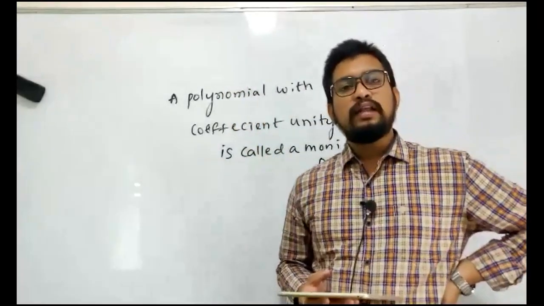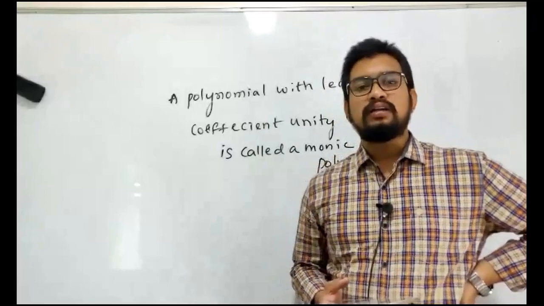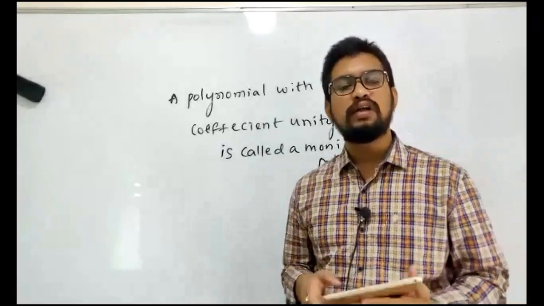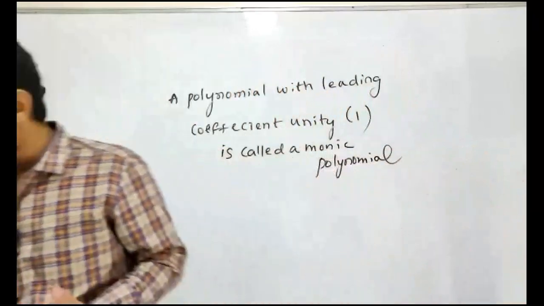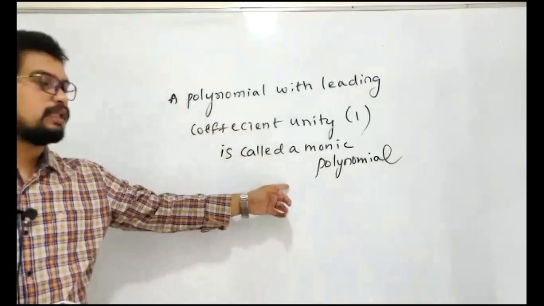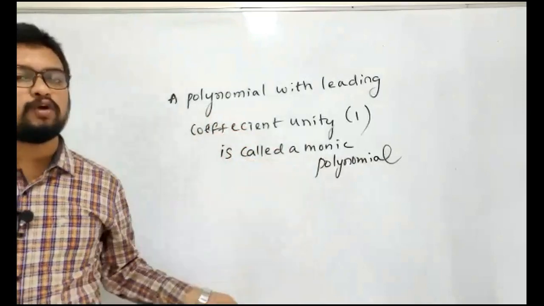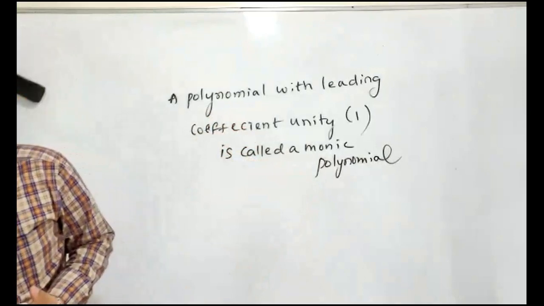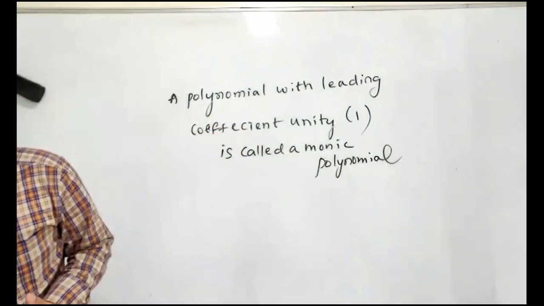Similarly, a quadratic with leading coefficient 1 is called a monic quadratic.